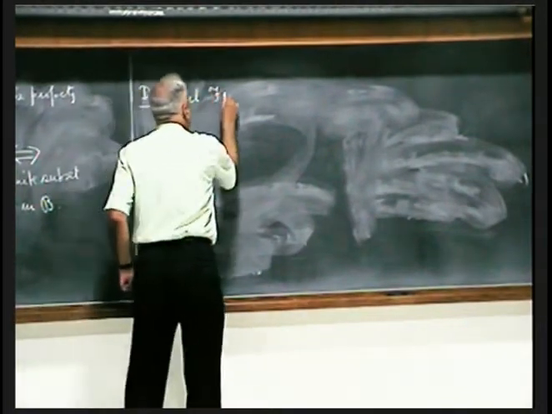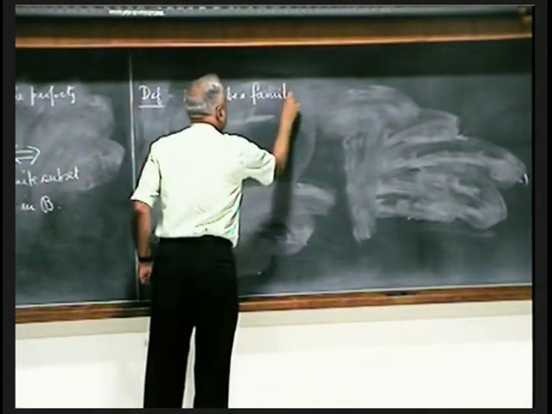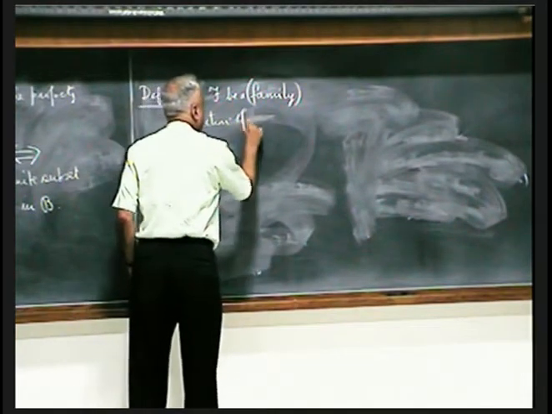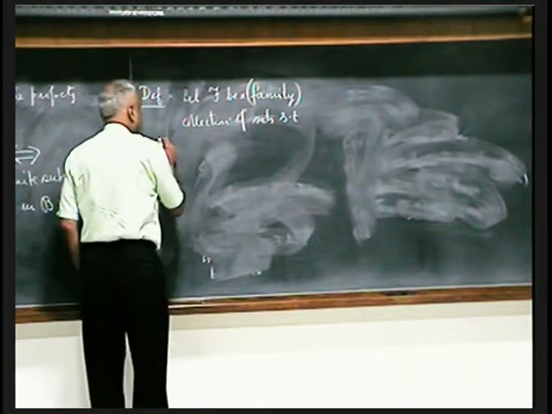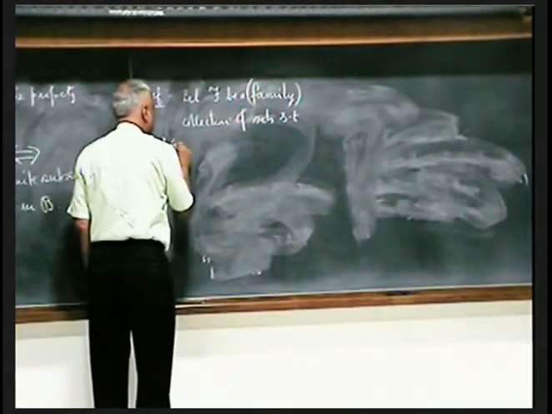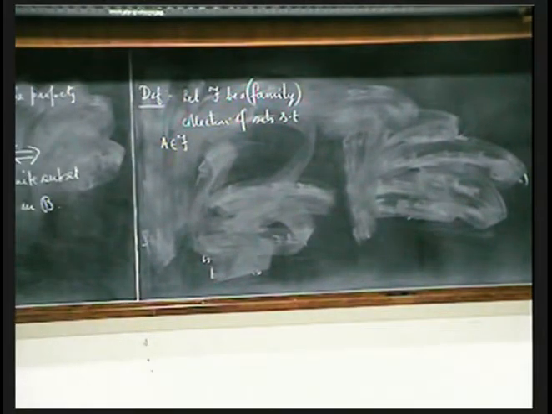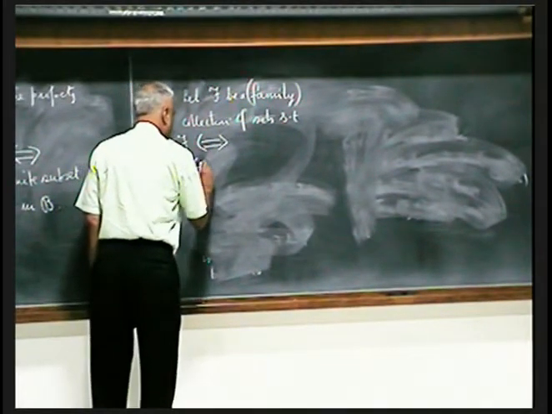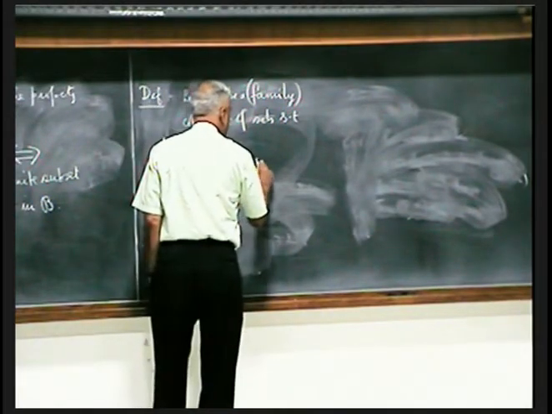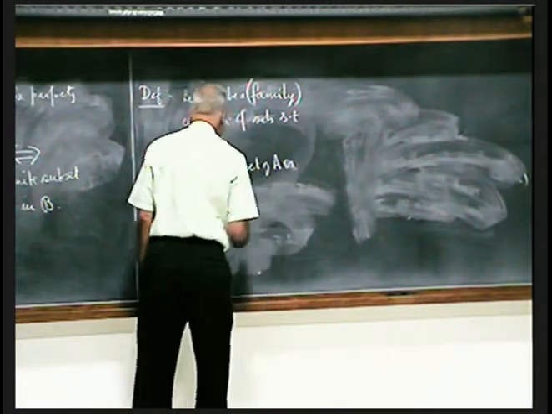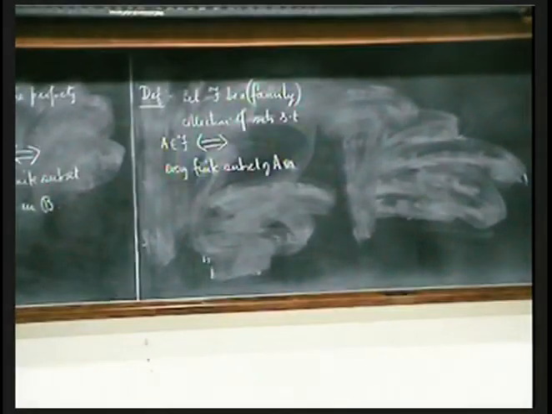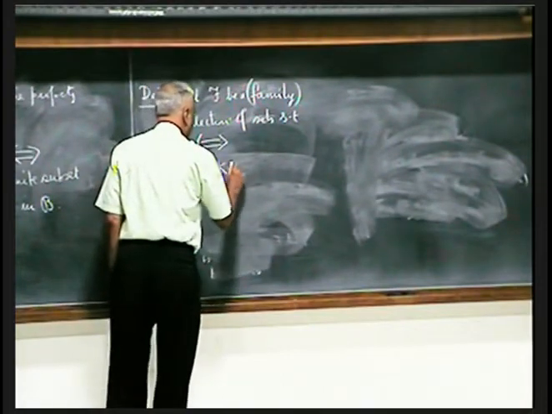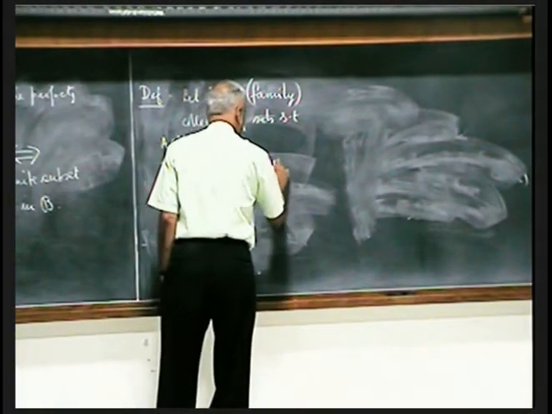Let F be a family or collection of sets such that a set A belongs to F if and only if every finite subset of A is in F. Let me put it in notation: if and only if K belongs to F for every K subset of A, K finite.